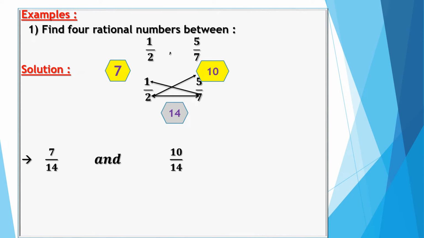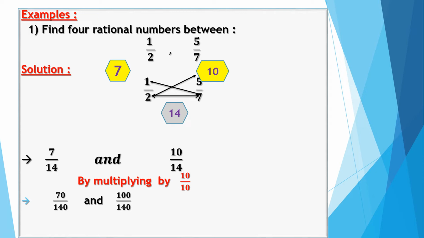We want those numbers to be greater than that, so we multiply up and down, the numerator and the denominator, by the same number. Let's multiply by 10. Yes, it will be 70 over 140 and 100 over 140.